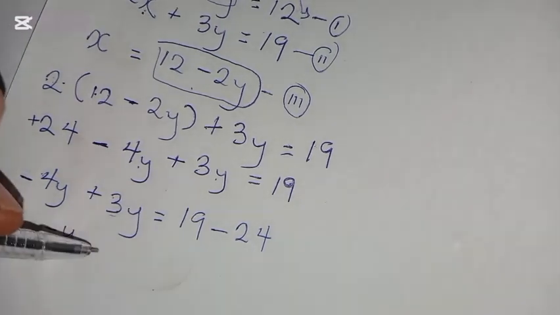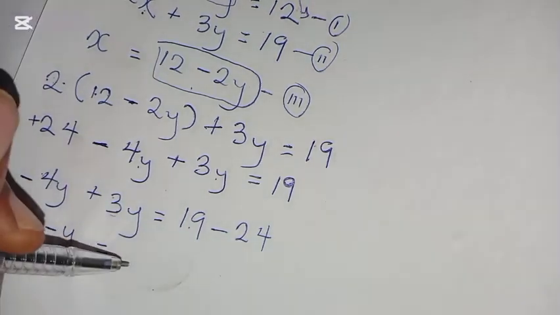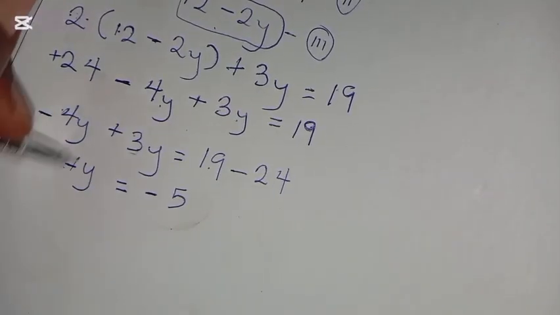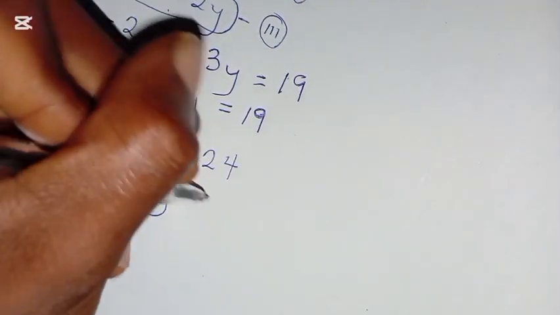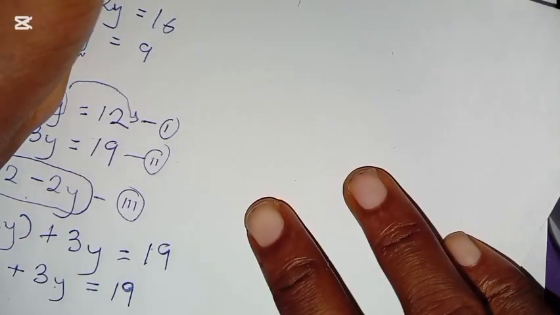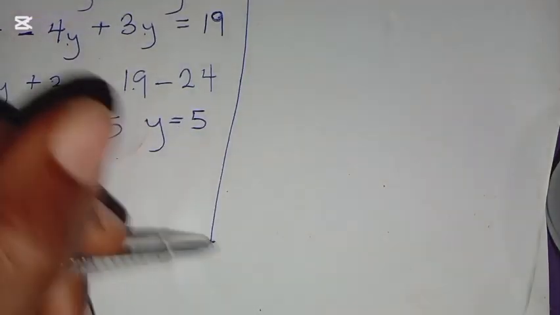So that's minus y equals 19 minus 24, which is minus 5. So at this stage, minus cancels minus. Our y equals 5. So that is our y answer for the first part.